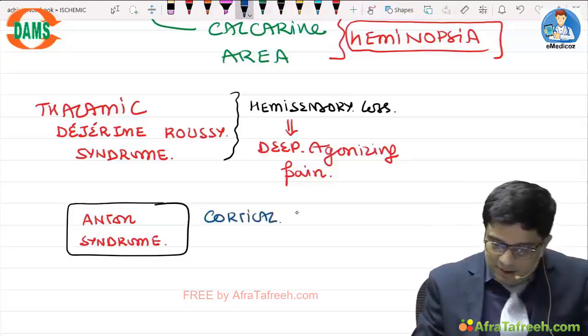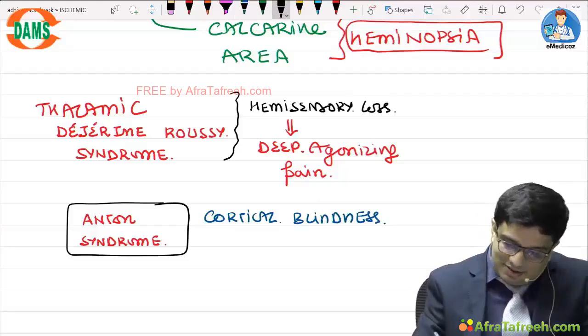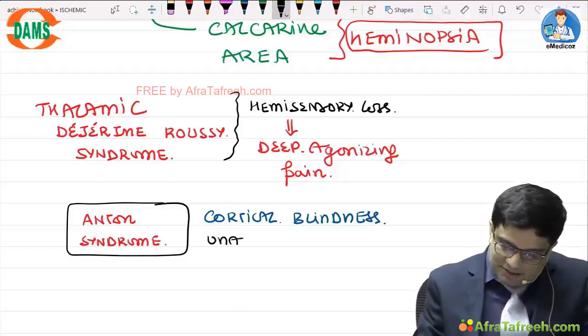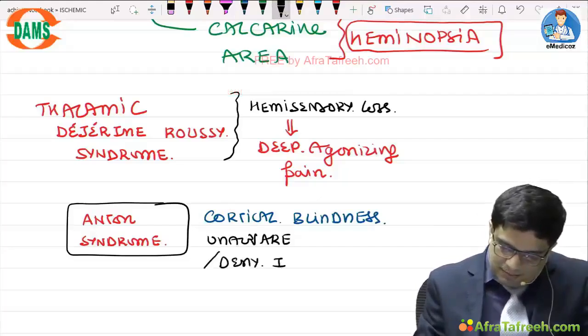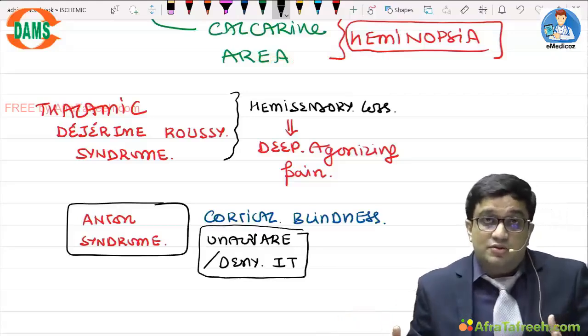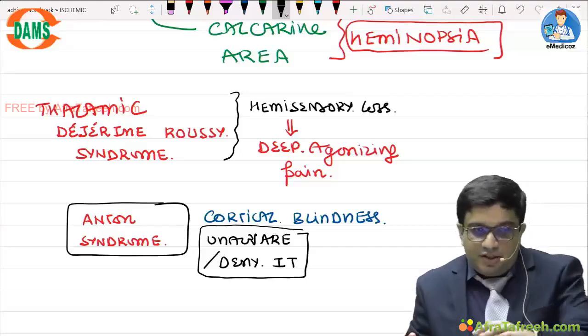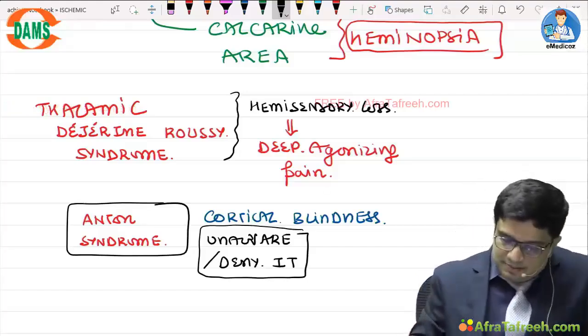My patient will have cortical blindness, but on the other hand, this patient will be unaware of this and will often deny it also. So my patient will have cortical blindness, will often be unaware of it and will deny it also. That's known as a typical Anton syndrome.